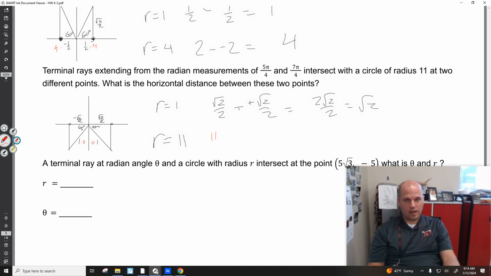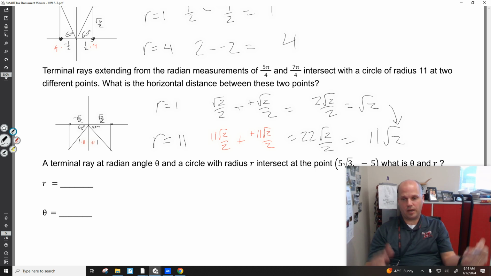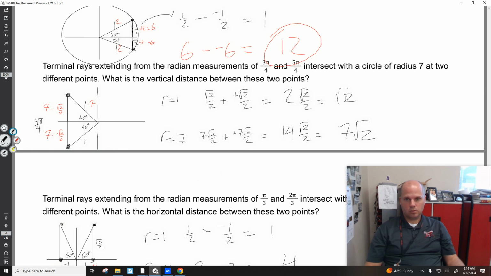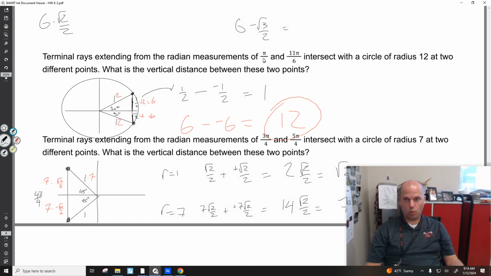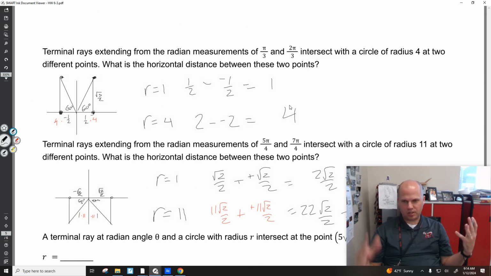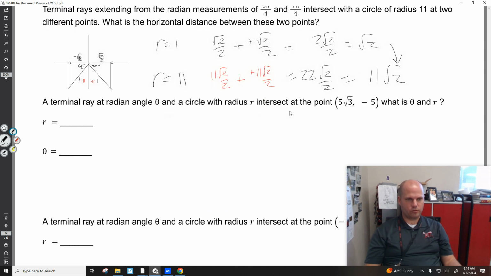We would get 11 root 2 over 2 plus a positive 11 root 2 over 2, which gives us 22 root 2's over 2, which gives us 11 root 2's. You just multiply the distance by the radius to expand things. Boom, 1 times 4. Root 2 times 7. It's like I didn't have to do this work. 1 times 12. Just like you're expanding everything, everything's proportional. Boom, multiply by the larger radius.